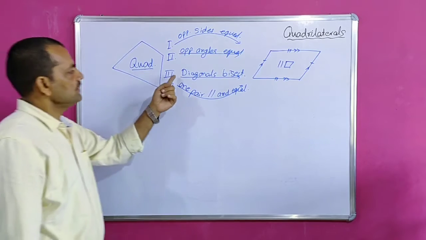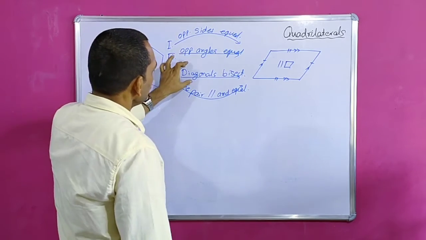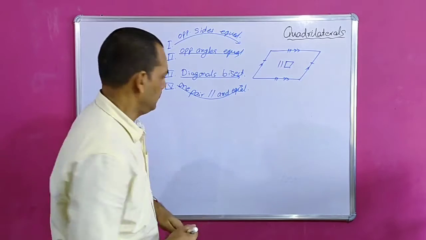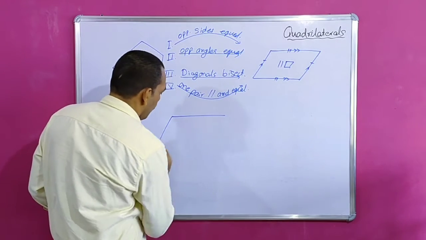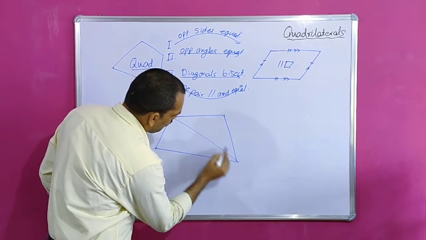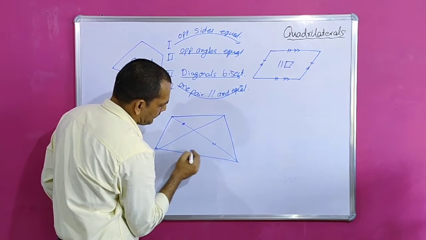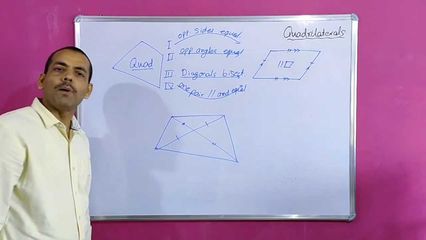So we'll take property number 3 first, then property number 4. Property number 3 says diagonals bisect each other. So in any quadrilateral, if the 2 diagonals are bisecting each other, it means these 2 parts are equal and this part is equal to this.